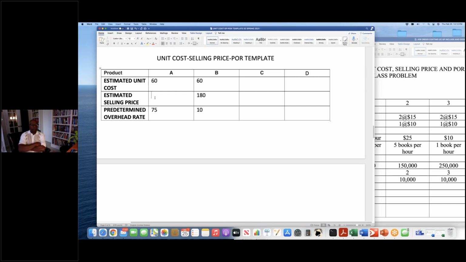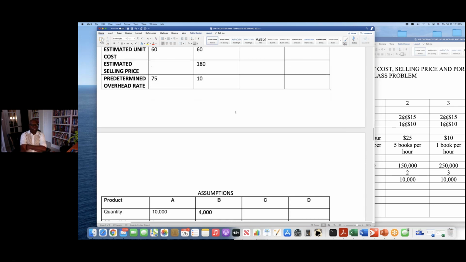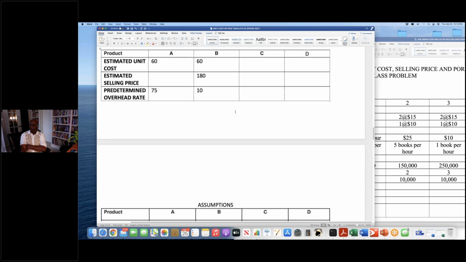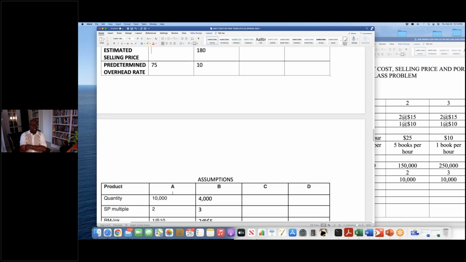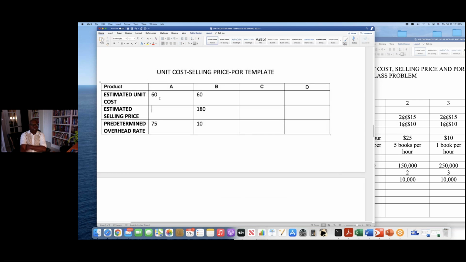That part I still don't know how to do. Somebody tell them how to do it. Multiply it by your selling price number. What's his number, 2 or 3? 2. So you take the selling price multiple and multiply it by the 60. 2 times 60 is 120.